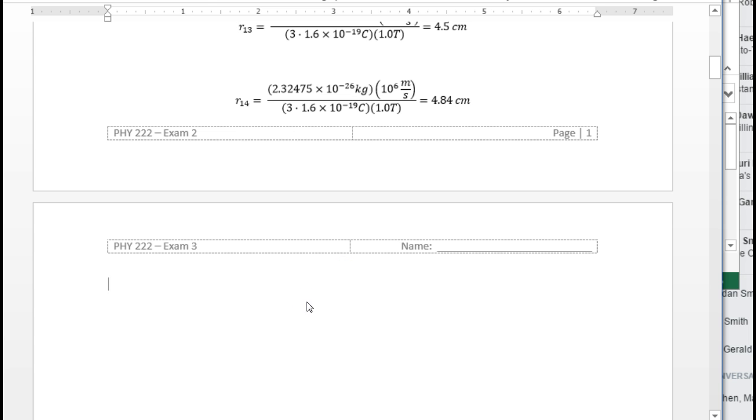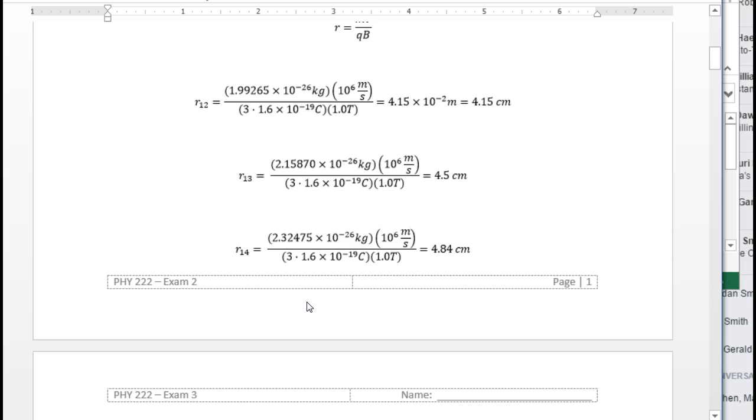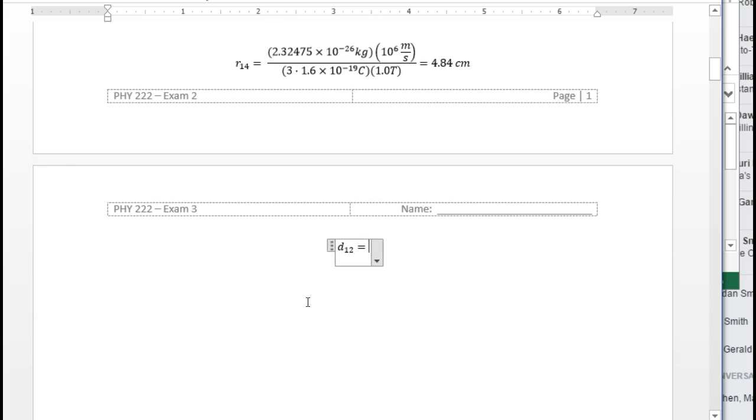So the distance that carbon 12 goes, the diameter, is 8.3 centimeters. The diameter for carbon 13 is 9 centimeters. And the diameter for carbon 14 is 9.68 centimeters.